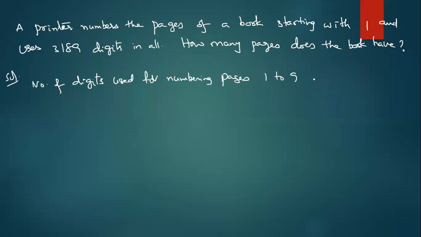How many? That is 9 into 1. We use 9 digits from 1 to 9. Single digits, how many are there? Only 9. Is it clear or not?